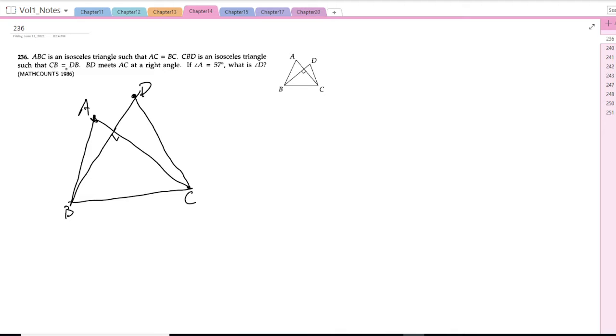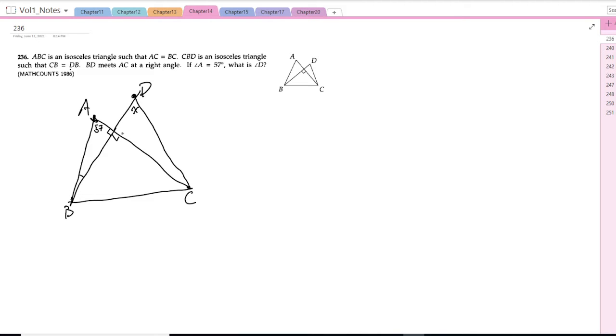Okay, so now we can parameterize. We have two isosceles triangles, and we know A is 57 degrees, right? So now we can know this angle, right? So we want to ask what is D, right?